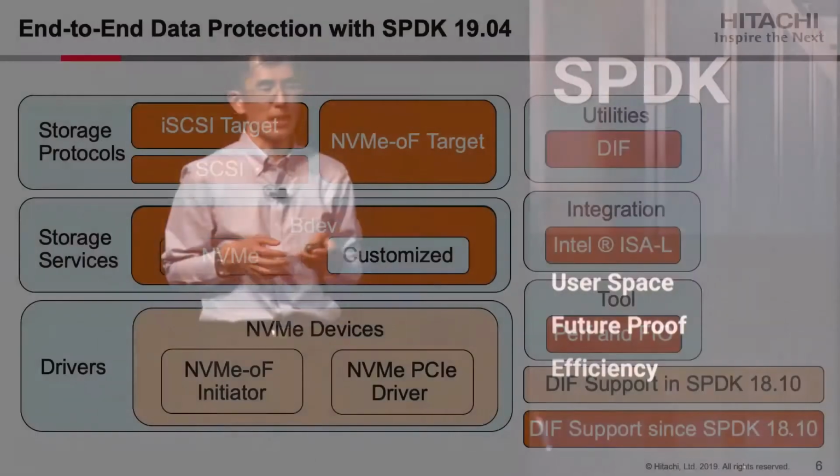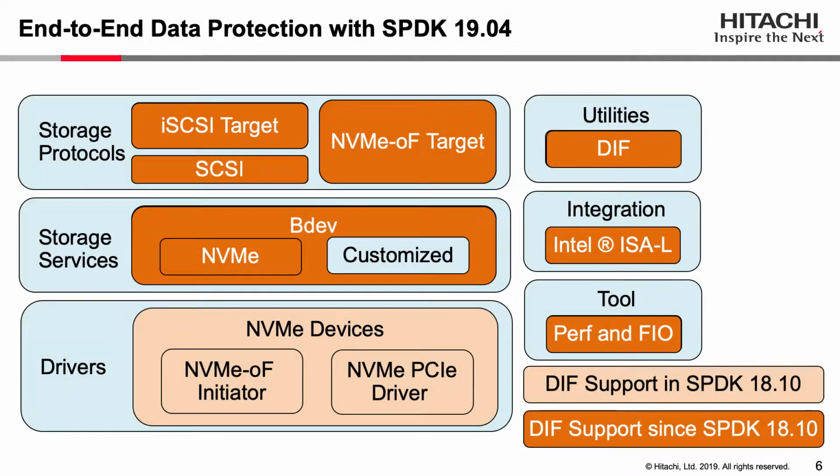And this page shows a summary of the update of SPDK 19.04 for DIF feature. And I will mention here some components I will not mention later. So the first one is Intel ISA-L. ISA-L has been integrated with SPDK recently, and ISA-L has a good CRC computation feature.